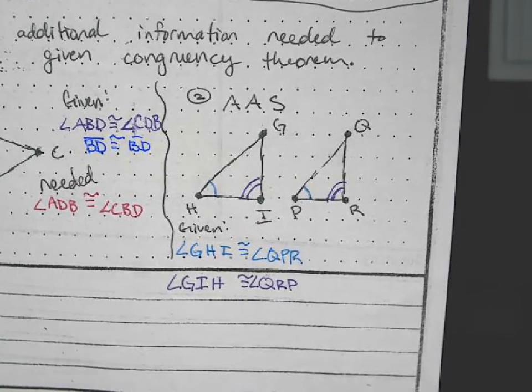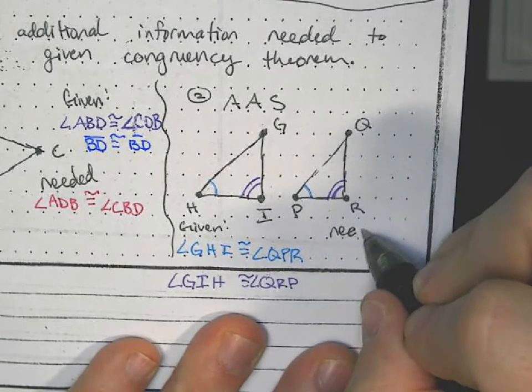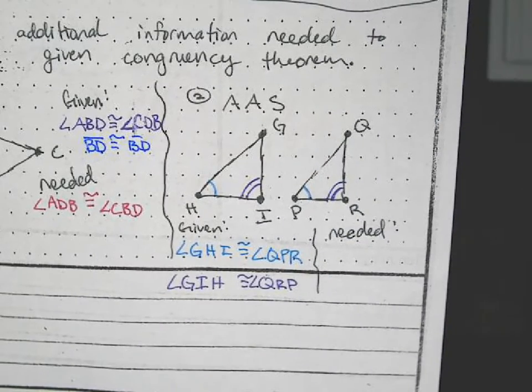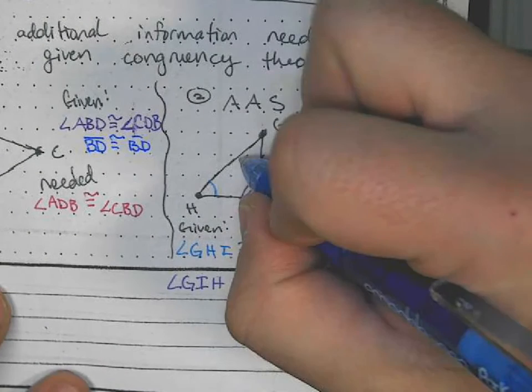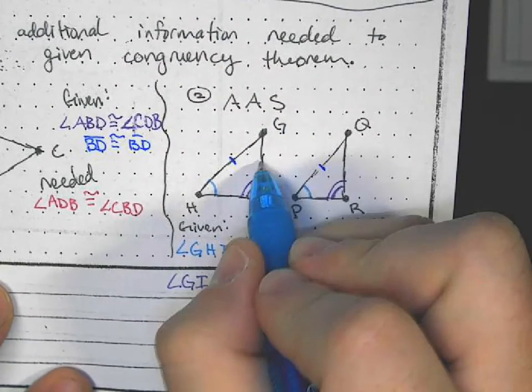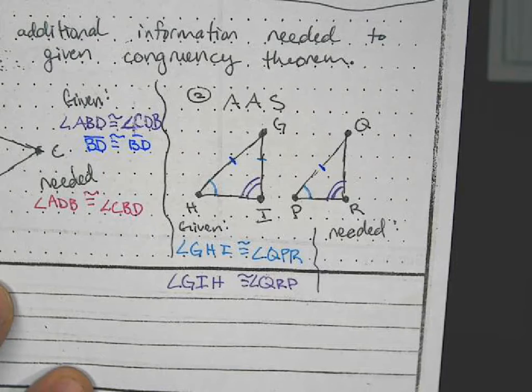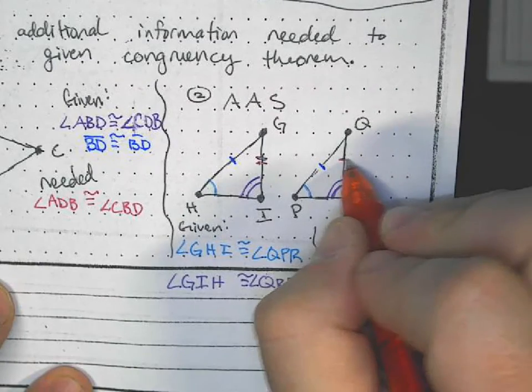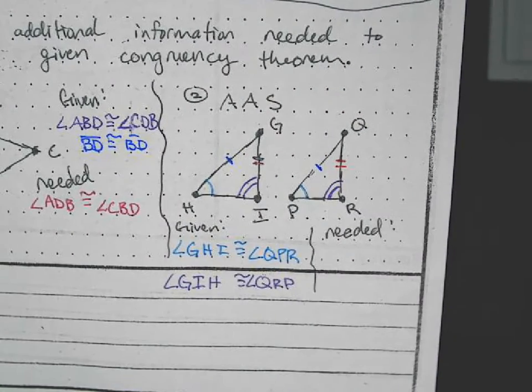Now what's needed? There are two correct answers for this one, because I just need the side that's not in between the two angles. So either one is all we need.